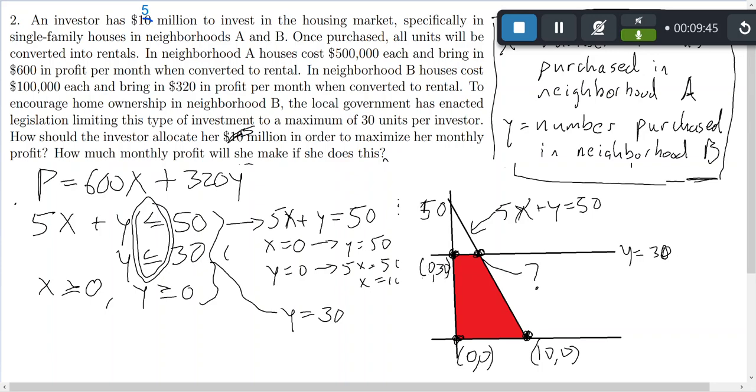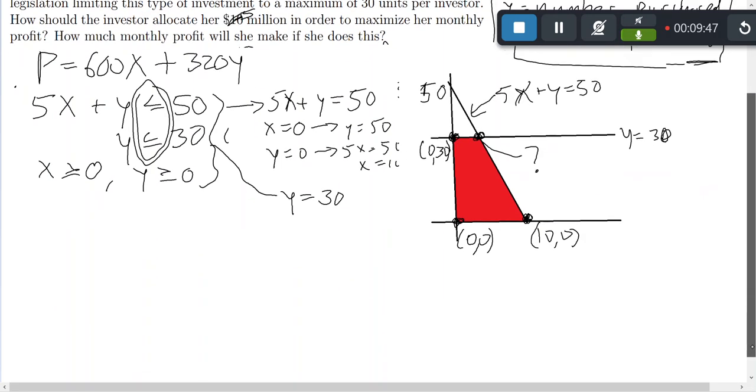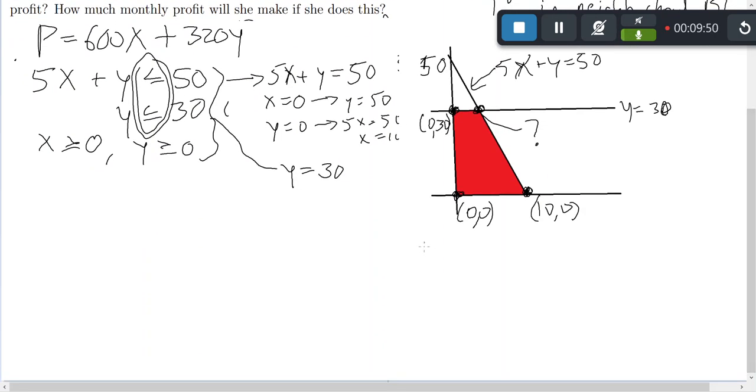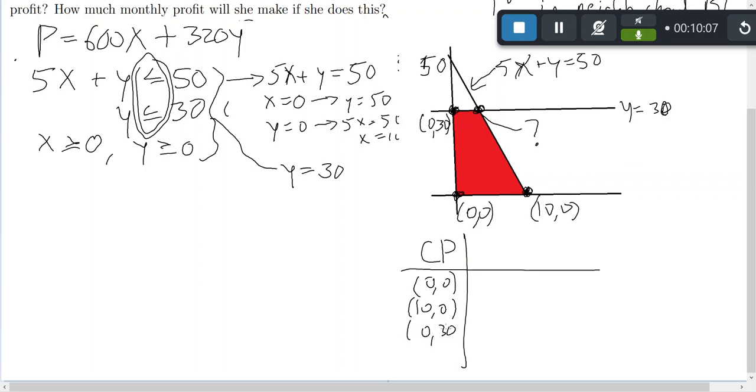So we have 3 corner points so far. If I make a table that lists the corner points, I can start listing them out. 0, 0, the origin, then 10, 0, that's this point over here, and then 0, 30. And then the unknown one we don't know yet.